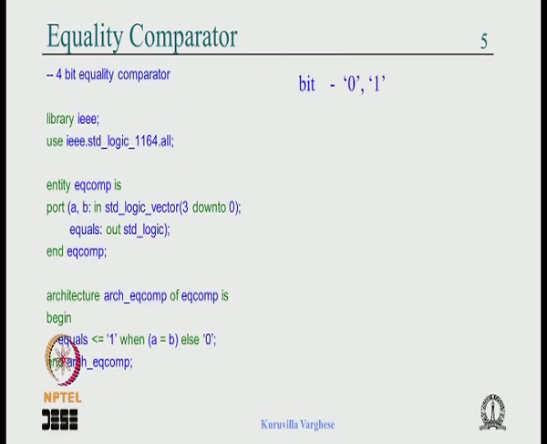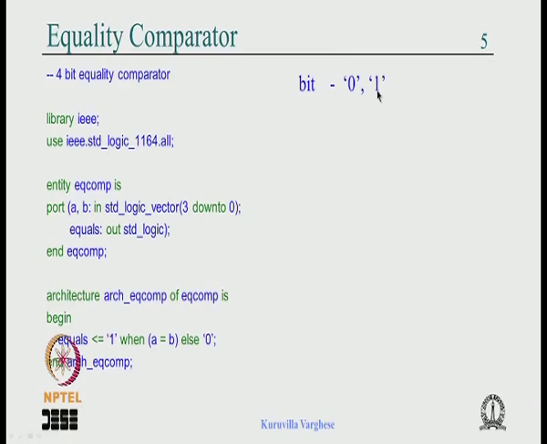The reason is that in VHDL, the inbuilt data type as far as the logic is concerned is bit, and it supports only 2 values, 0 and 1. This is a great limitation, and for digital design we just cannot do with only 0 and 1, we need many other things.